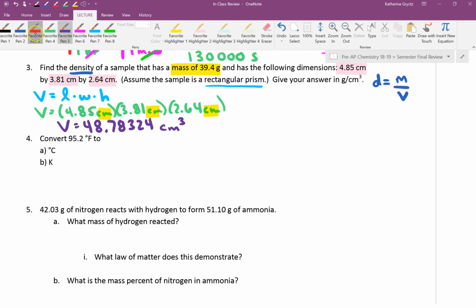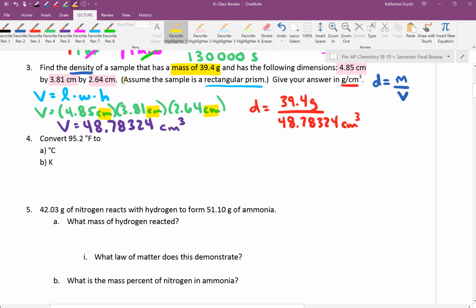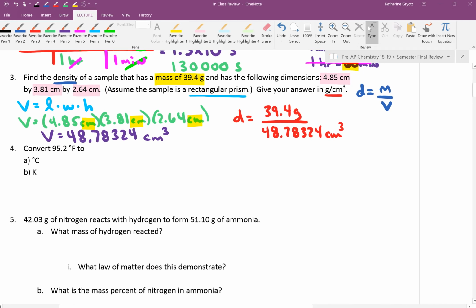So now we have our volume. Okay, we were given our mass. It asks us to calculate the density in grams per centimeter cubed, which nicely I have. Okay, so I can take my 39.4 grams and put it over my centimeters cubed, which is the 48.78324. In no way is that significant figures. I'm using the significant figures given to me in the problem. So all those numbers that are highlighted in the problem, that's what I'm going with.